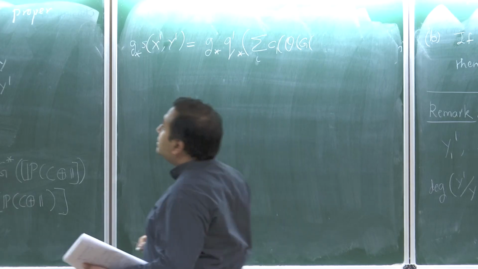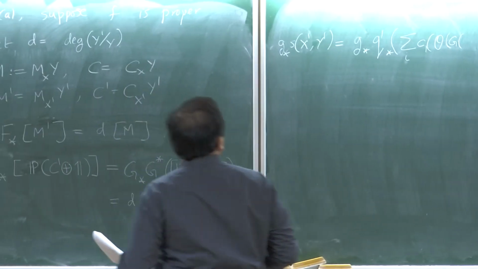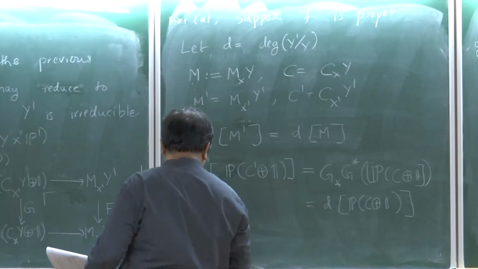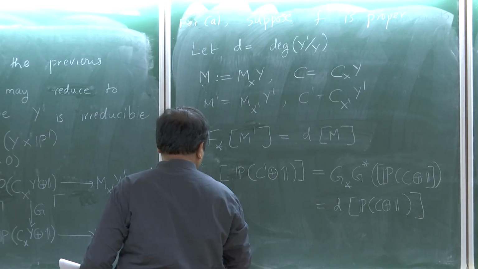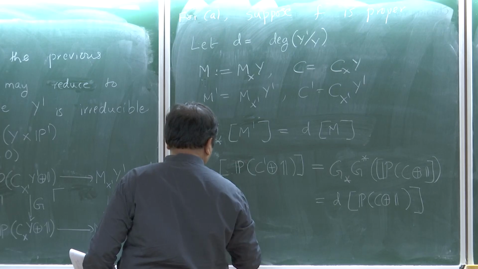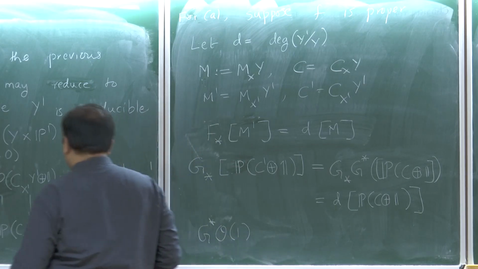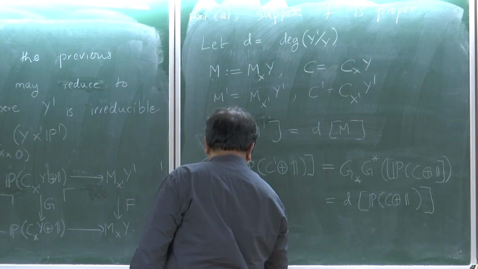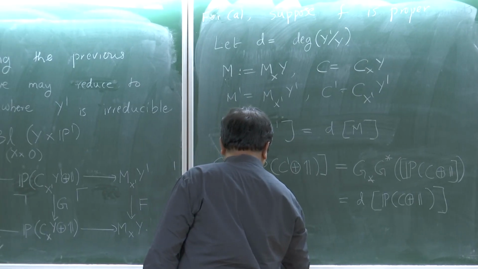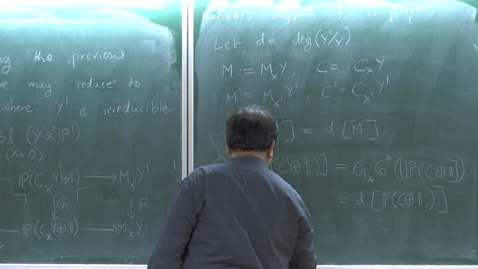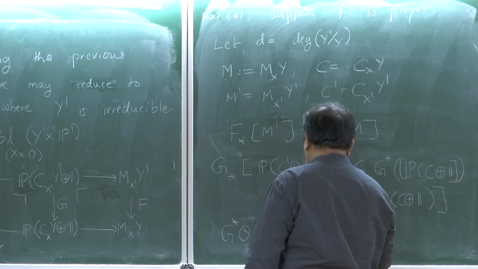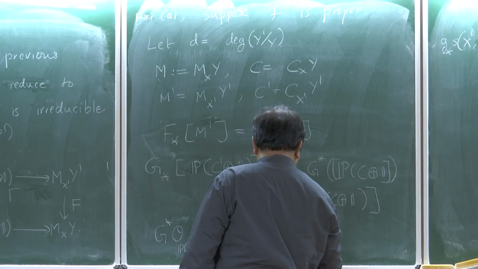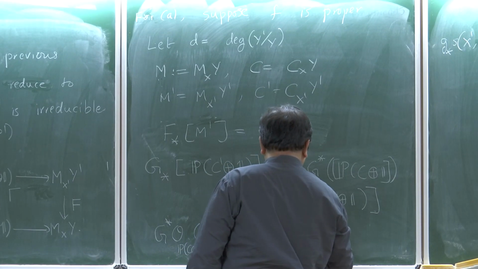One thing is to observe that G upper star of O1 of this P C plus 1 is just the same as O of P C prime plus 1 of 1.